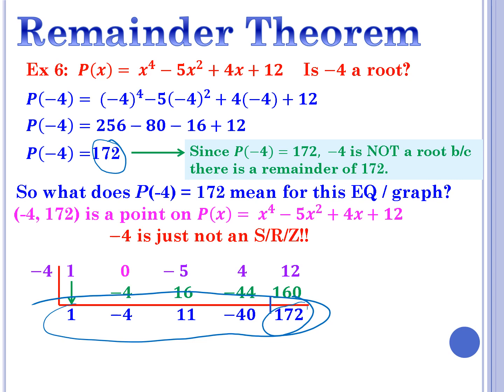The remainder theorem is just going to say, hey, it equals 0, or hey, it doesn't equal 0. But it's not going to give you that x cubed minus 4x squared plus 11x minus 40 plus 172 over x plus 4. It's not going to give you the quotient. It's just going to tell you, do you have a remainder or don't you have a remainder?